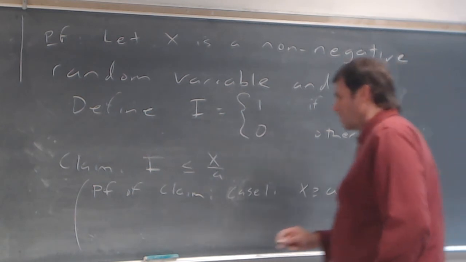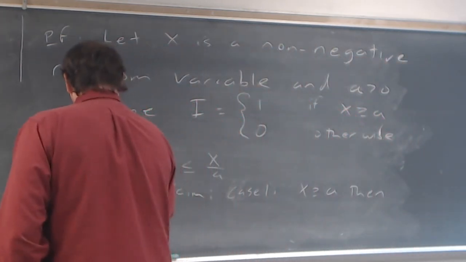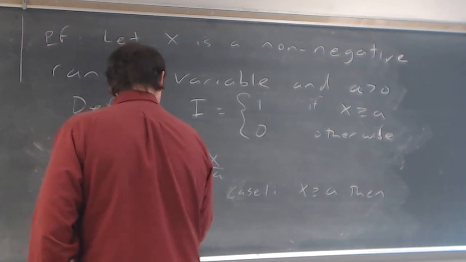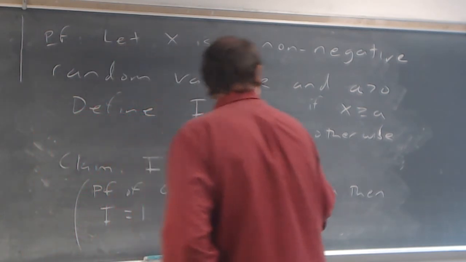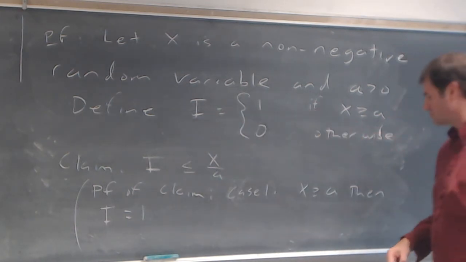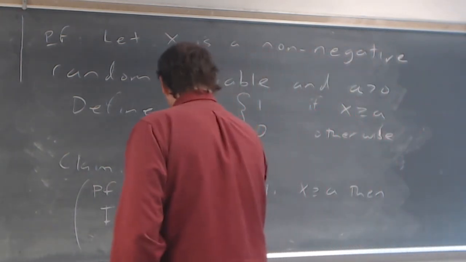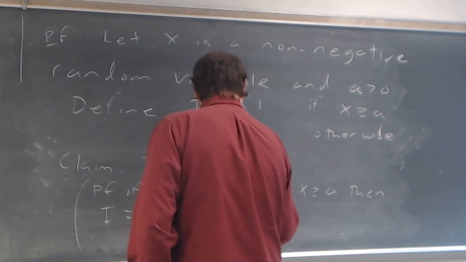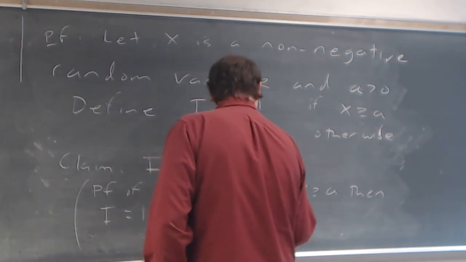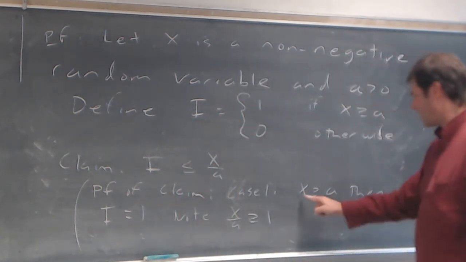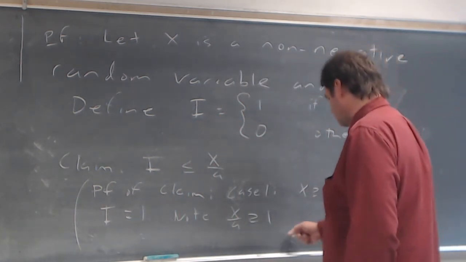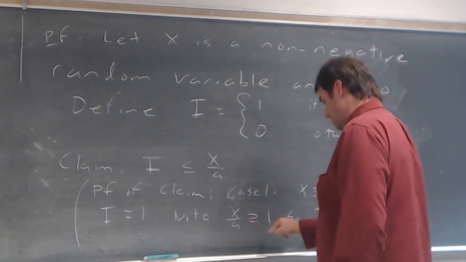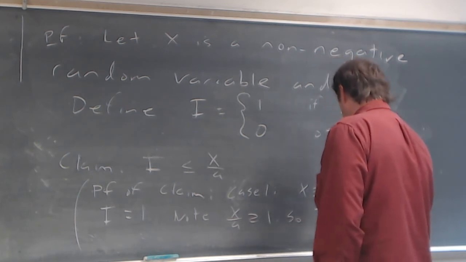Then we know that I is equal to 1. Now note that x divided by a is greater than or equal to 1, since I'm just dividing everything by a. So we get that I, which is 1, is less than or equal to x over a.